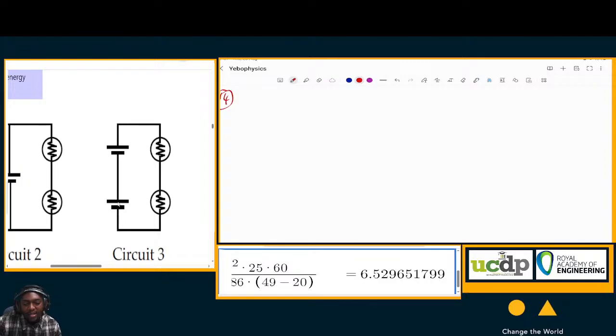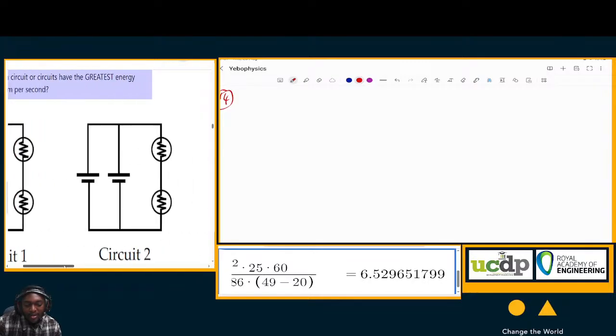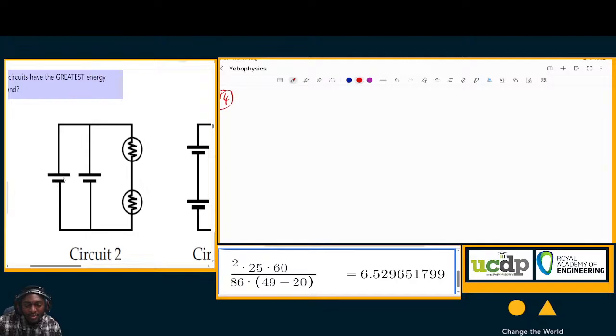Then on circuit 3, you can see that these two battery cells are connected in series. So if this was 1.5, this would be 1.5, so it would be 3 volts across the bulbs. Whereas on circuit 2, if this was 1.5, the effective potential difference across the two bulbs will still be 1.5.